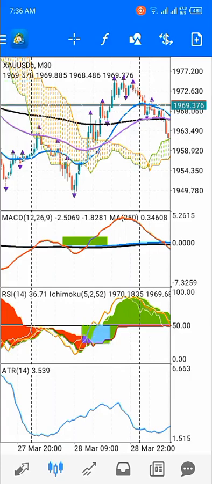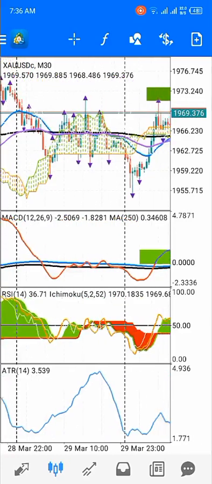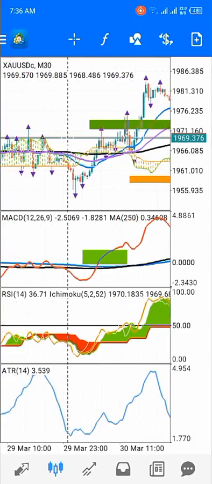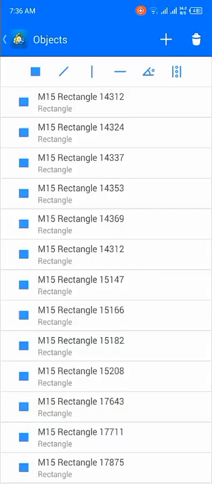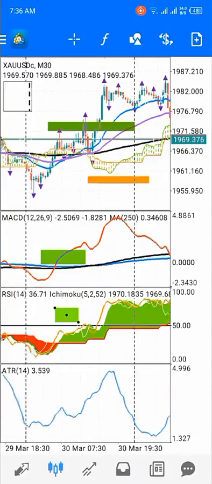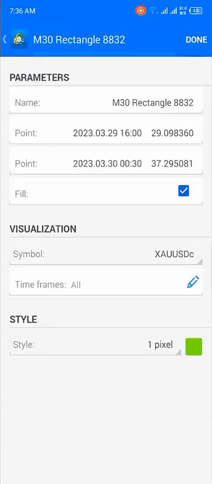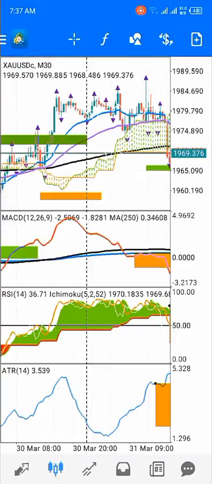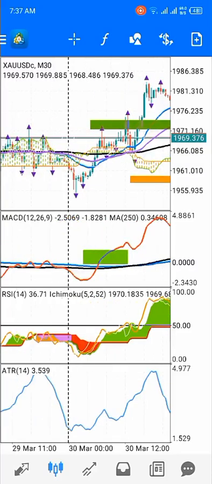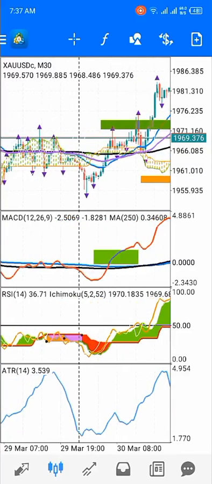You look for buy opportunities. The cloud changed at that point, and you look for sell opportunities.